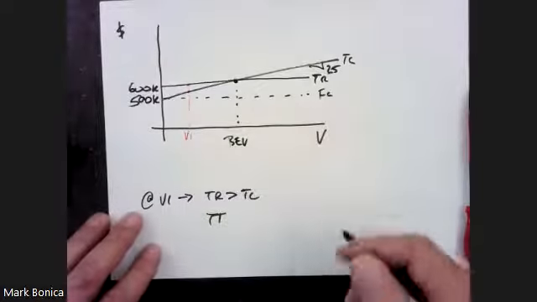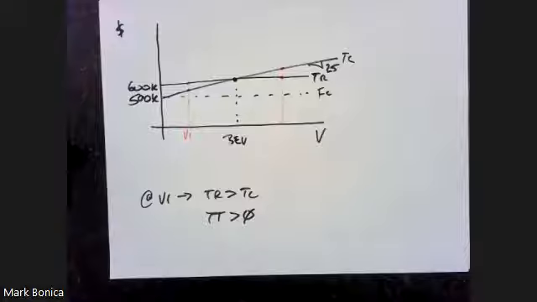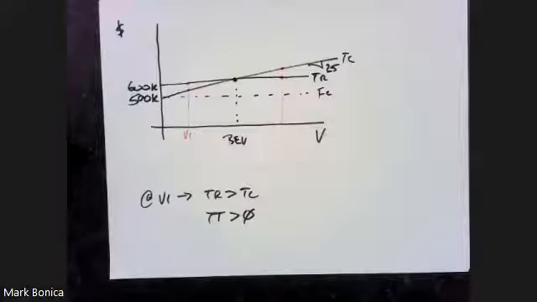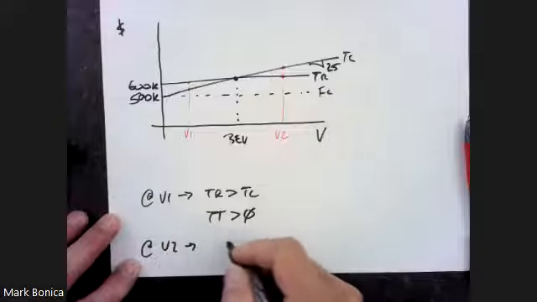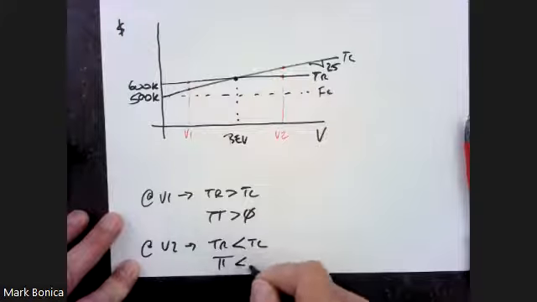So in this case, profit is greater than 0. If I'm here, they're equal. And if I'm here, total cost at volume 2, let's call that volume 2, total revenue is less than total cost, so therefore profit is less than 0.